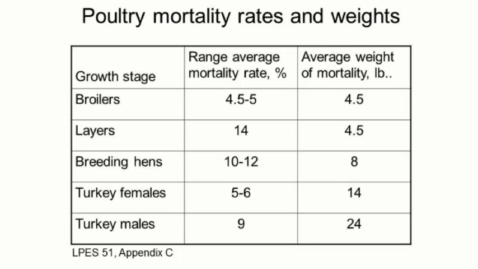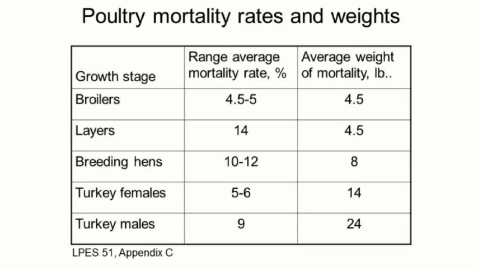The center column then gives you an average mortality rate based on surveys that have been done on farms, and then the average weight in pounds of that mortality. And generally, in planning, we err on the high side with weight. We're going to be conservative and give ourselves extra space in the system. So these weights may be a little heavier than what some farmers would say are the weights of their mortality.